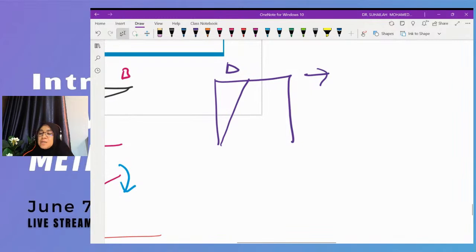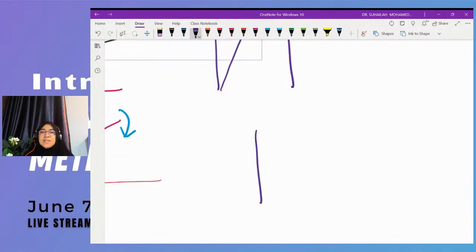This is the original and this is the new position. The original is vertical, the new position is inclined. So we have to apply moment to push back this point and this point, so that it will go back to the straight or vertical position. That is the fixed end moment due to delta.